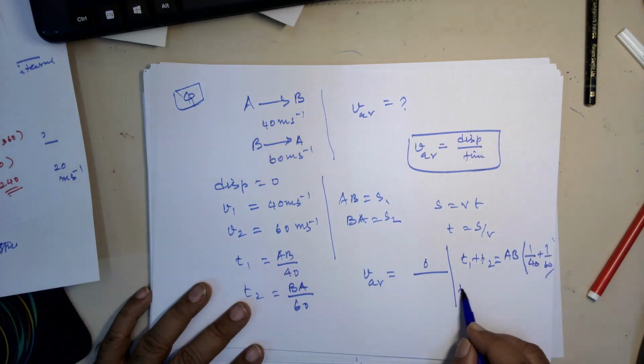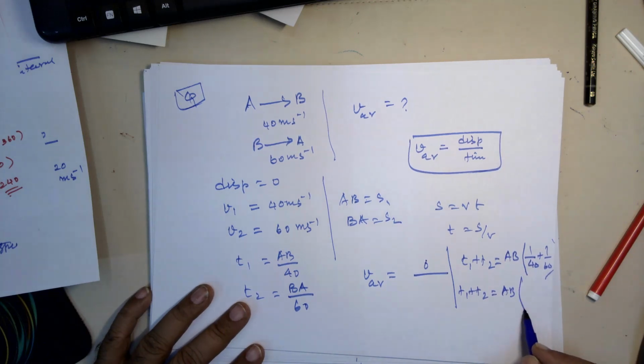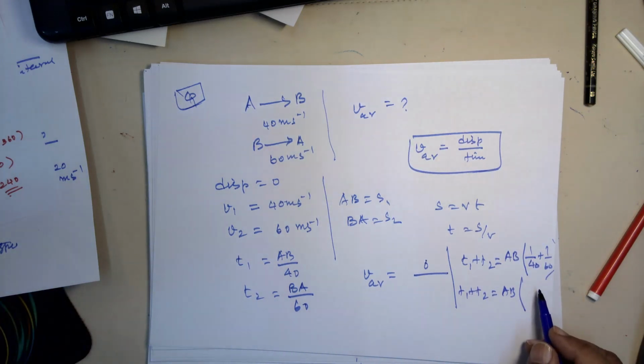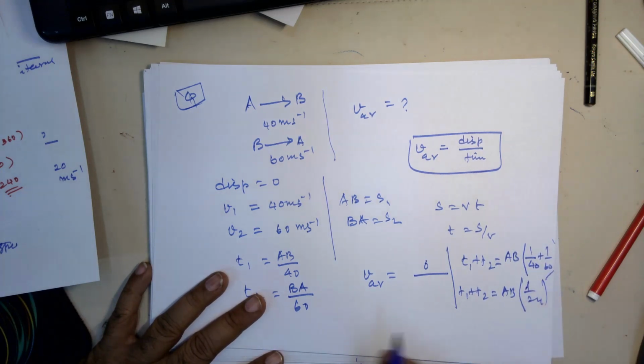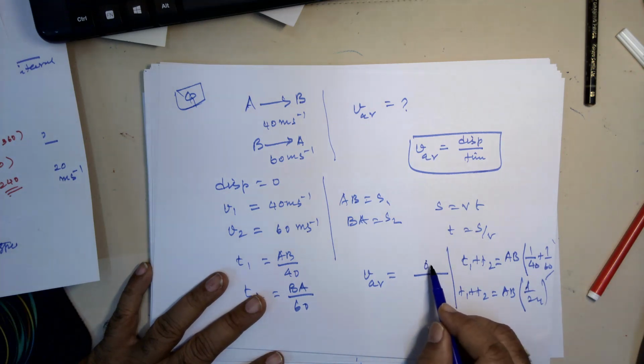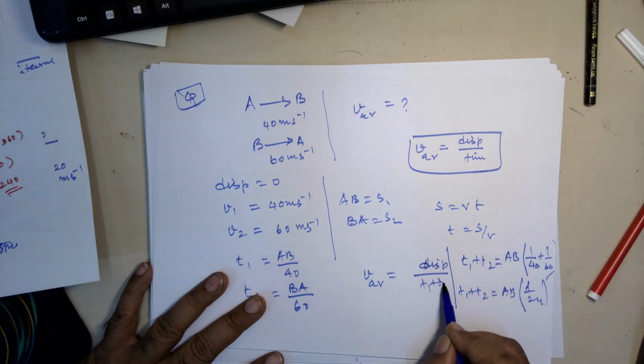So T1 plus T2 is equal to AB into, 60 and 40, how much? 24. So 1 by 24, so AB by 24. So this is nothing but the displacement divided by the total time taken.